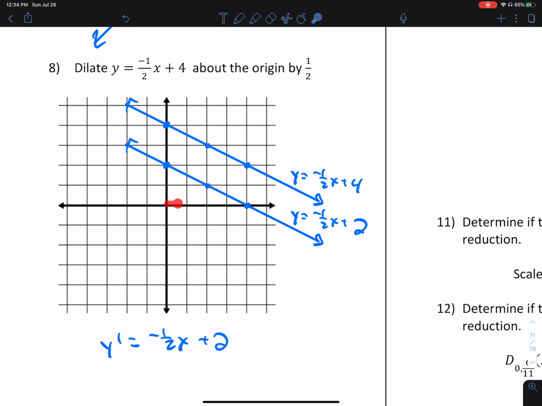If I go 1 to the right and up 1.5, that gets me this point. When I say accurate, I mean these points that you see here don't necessarily correspond to the points that were up here. Long story short, it's the same. When you dilate a line, it's always the same slope. You just take the y-intercept and multiply it by the scale factor.